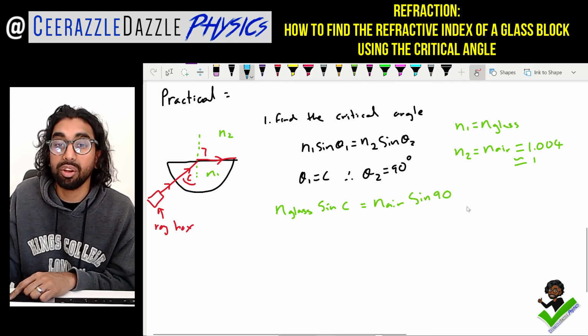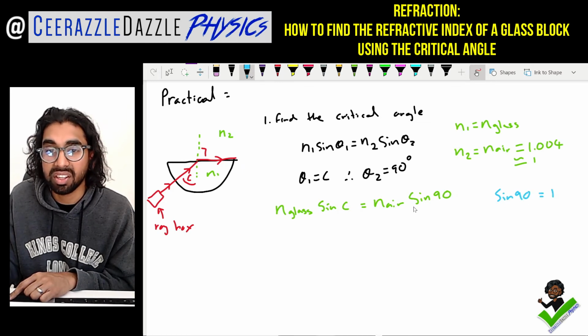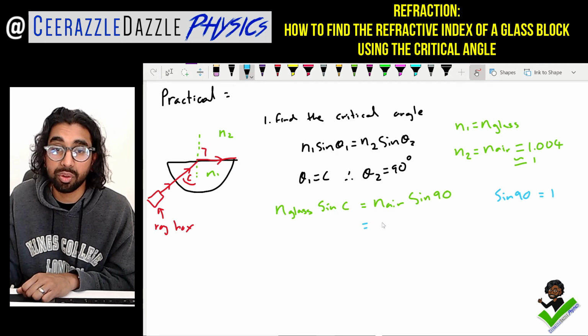Right, so hopefully we can remember that sine of the angle 90 is equal to 1, and the refractive index of air is also 1. So on this side of the equation, guys, we've got 1 times 1, because sine 90 is 1 and the refractive index of air is also 1.